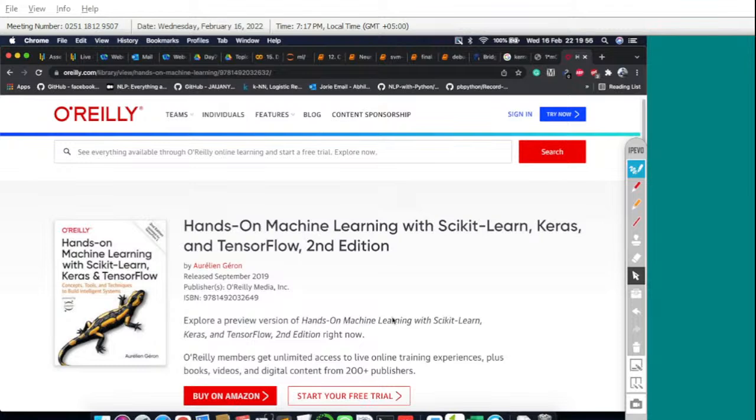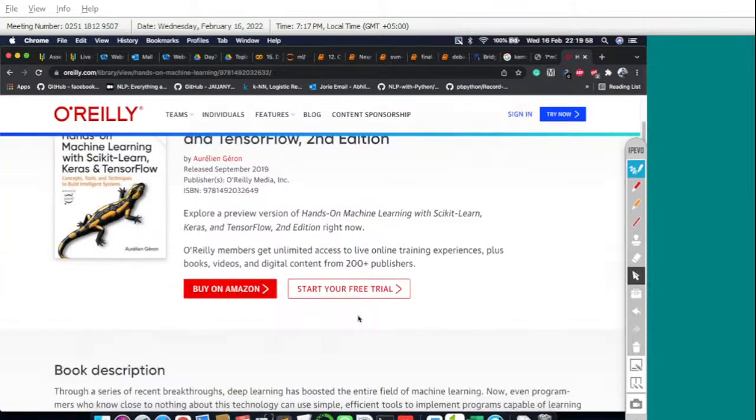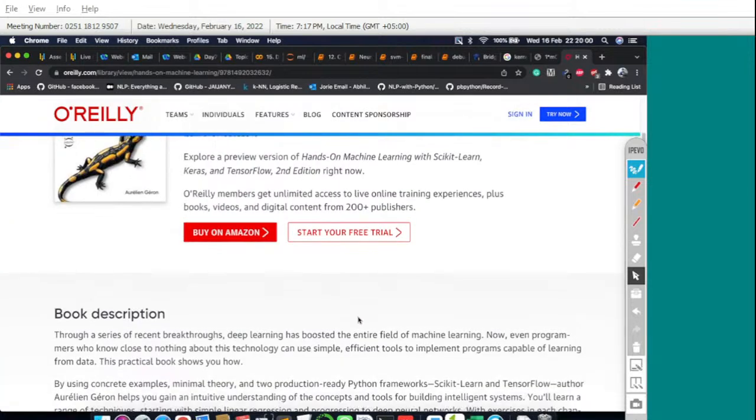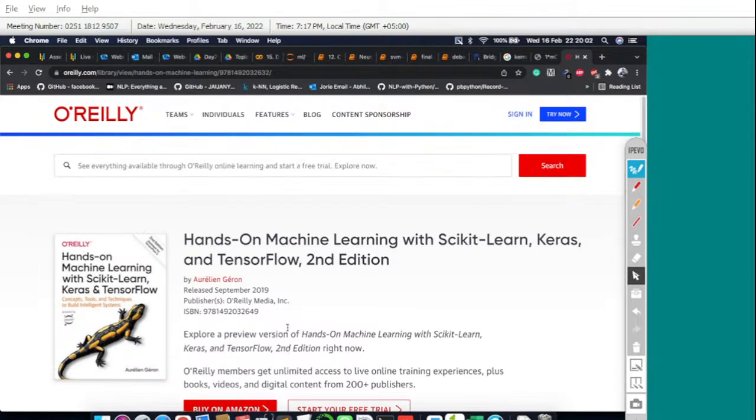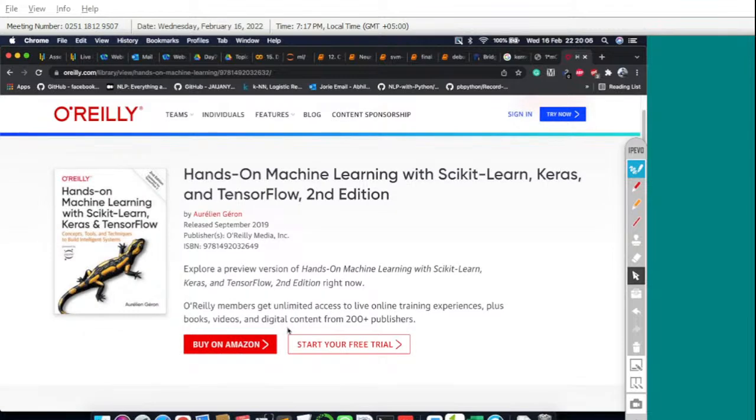You can easily get it somewhere. I personally don't have the PDF version of this, but if you search, you will get it somewhere. Or I would suggest just get the hard copy of it.